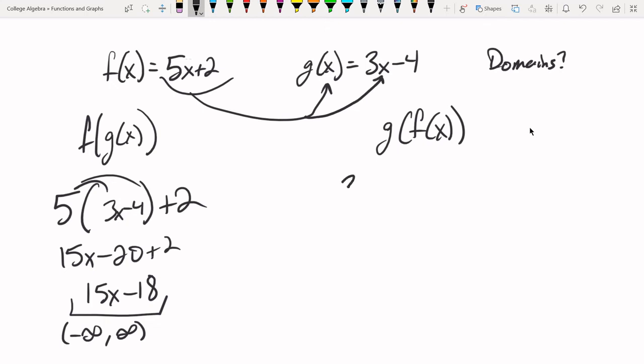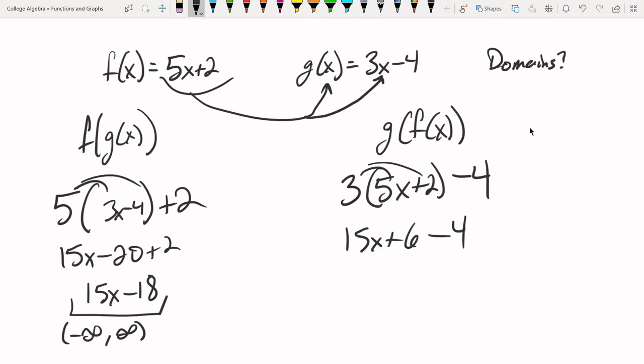So g of x is 3x, which is now 5x plus 2, minus 4. Distributing it in there, we get 15x plus 6 minus 4, 15x plus 2. Linear function, negative infinity to infinity. That's function composition.